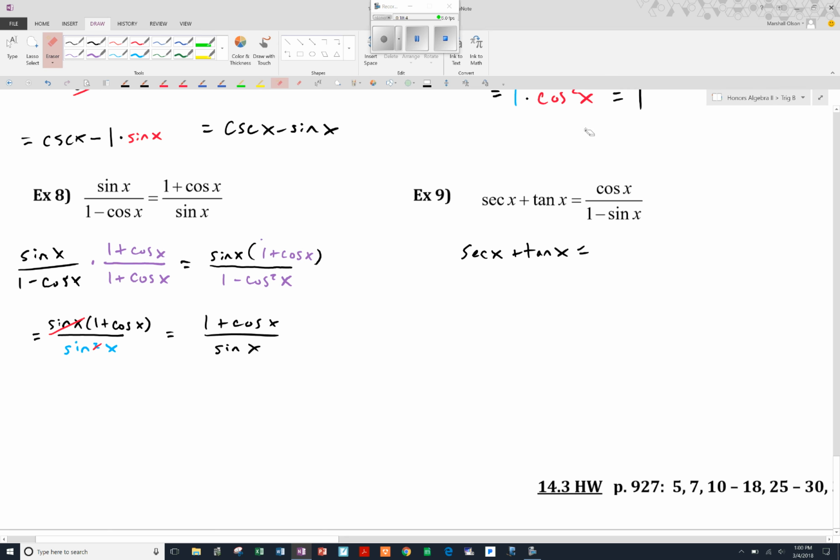So I think what we're going to benefit from here is replacing the secant with 1 over cosine and the tangent with sine over cosine, because now I only have sines and cosines. I also only have one term over here, so I think it's going to be a good idea to combine these together. Well, the nice thing is that we already have a common denominator of cosine of x. So in the numerator, I have 1 plus sine of x.